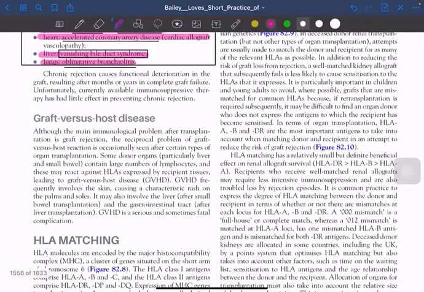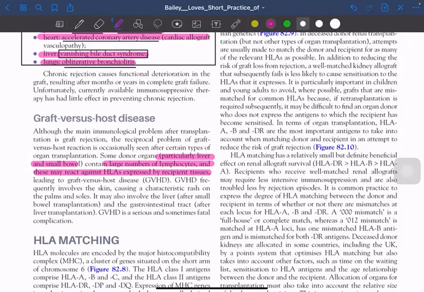Although the main immunological problem after transplant is graft rejection, the reciprocal problem of graft-versus-host disease is occasionally seen after certain types of organ transplantation. Some donor organs, particularly liver and small bowel, contain a large number of lymphocytes, and these may react against HLA expressed by the recipient tissue.